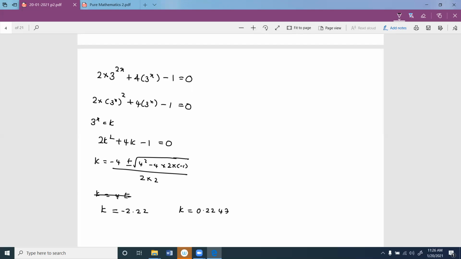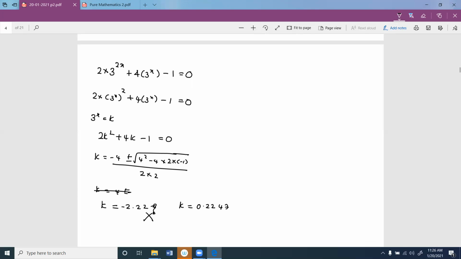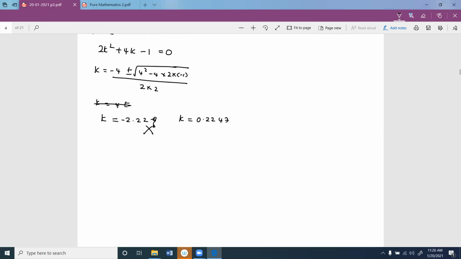From the negative value you won't get any answer, because you know that when you take log 10 of a negative number, you don't get any solution. Then you can write 3 to the power x is equal to 0.2247.